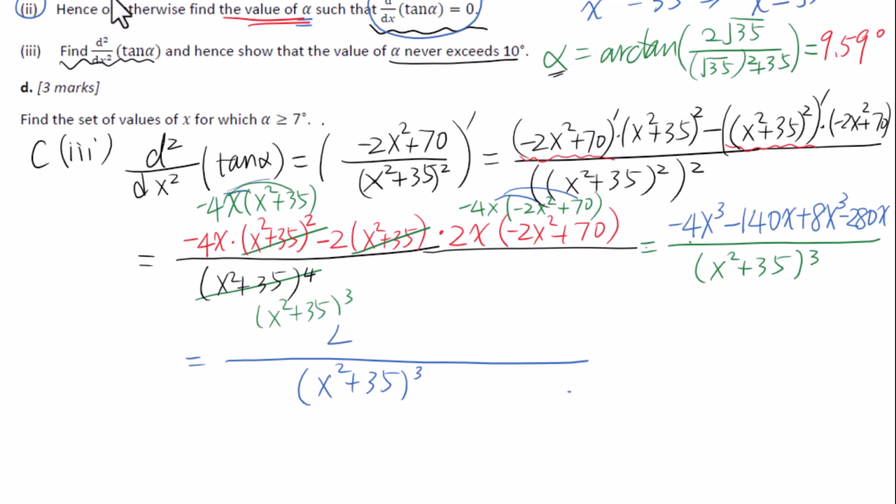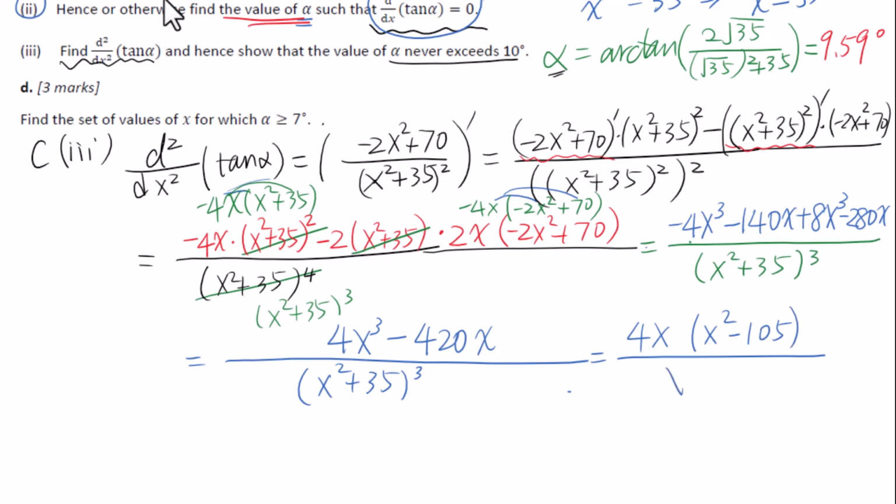Numerator, combine like terms: 4x to the third power, negative 140x minus 280x will be negative 420x. Since this is a rational function, we can factor the numerator to see whether there is a common factor. 4x is the common factor: 4x times x squared minus 105 over x squared plus 35 to the third power.